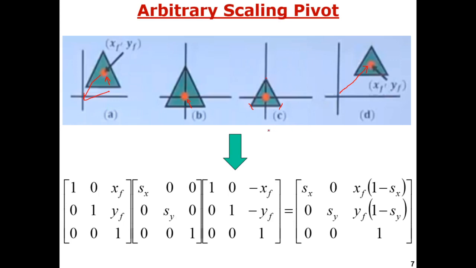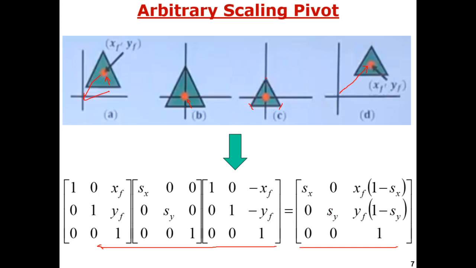Whatever the scaling factor is, it is a simple example. Your pivot point is xf and yf. So this is the sequence of operations. You can see that from right to left they are multiplied, and when multiplied you get the resultant matrix. So either you can use these three steps of multiplication, or you can directly apply this resultant matrix to the point matrix.